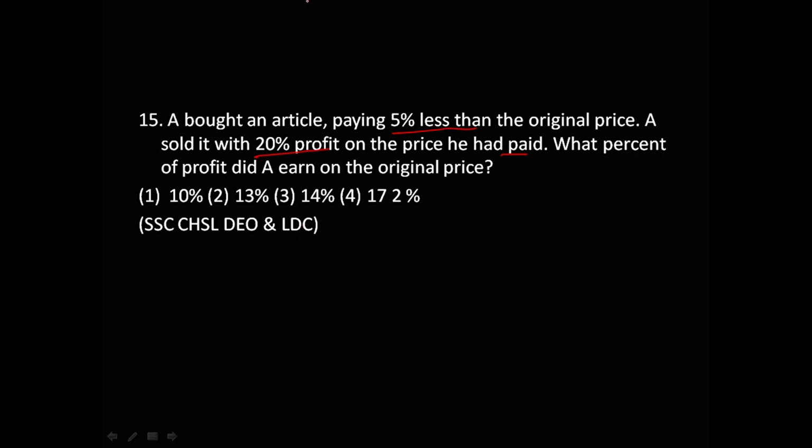Suppose the original price is 100, then CP is 100 minus 5, because 5% less, so 95. Then what will be the SP? 20% profit on 95, so 120 by 100, so it is 114.